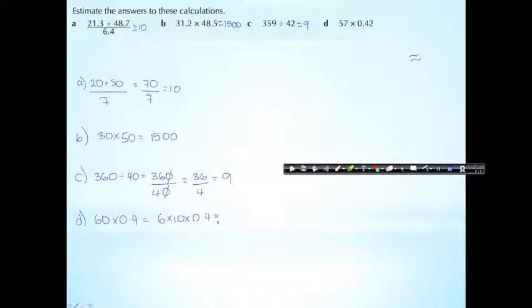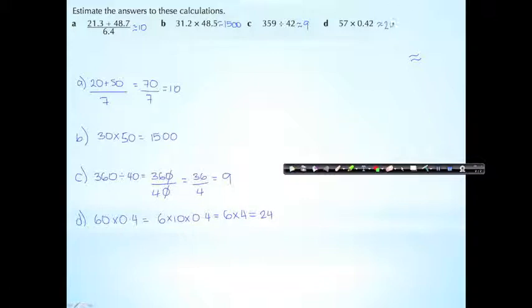So I've got 6 times 0.4 times 10 gives me 4, and all these sums are the same. So 6 times 4 is the same as 60 times 0.4, and that's going to give me 24. So for the top one, it's approximately equal to 24.